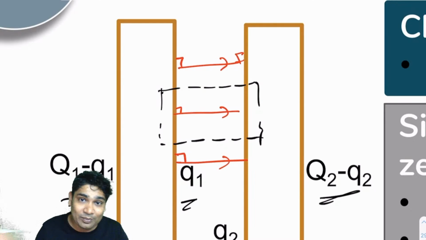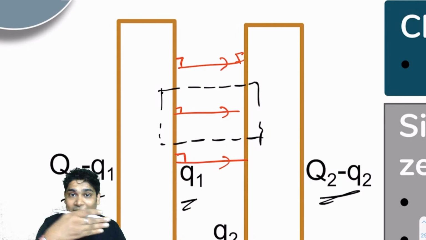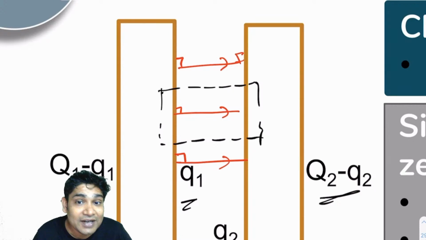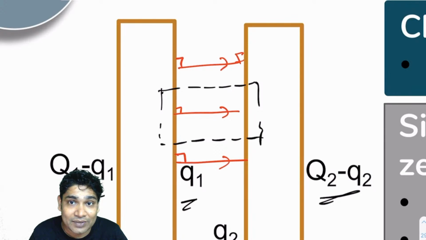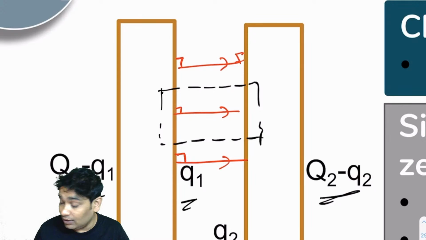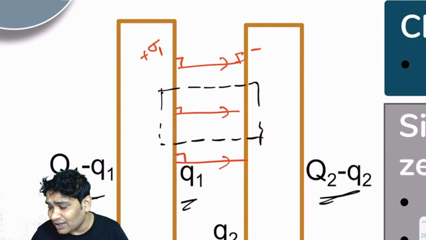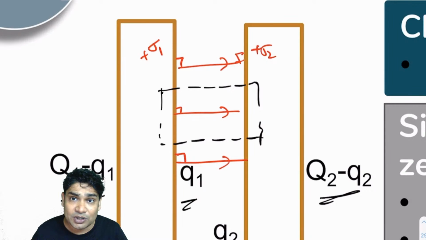It could be the other way also, but it doesn't matter. It would still be perpendicular to the sheets. So assuming that this is the electric field's direction, and assuming that the charge density here is plus sigma 1, and charge density here is plus sigma 2, for right now.